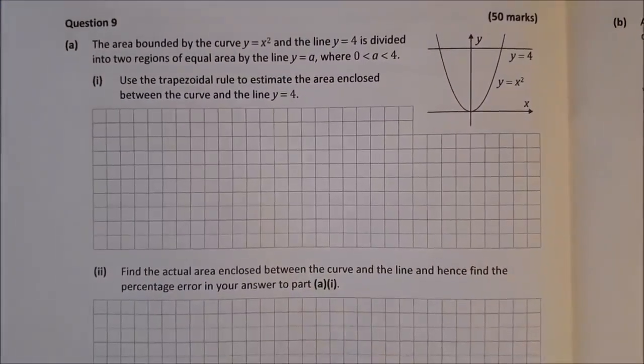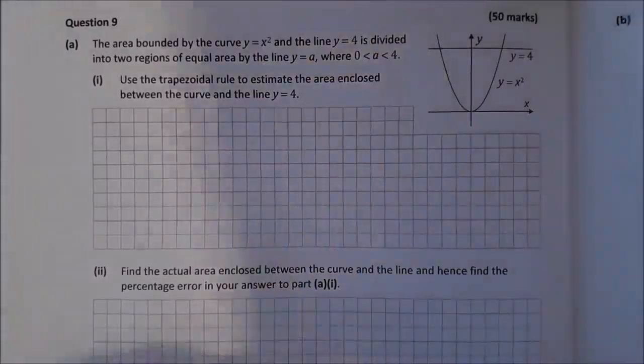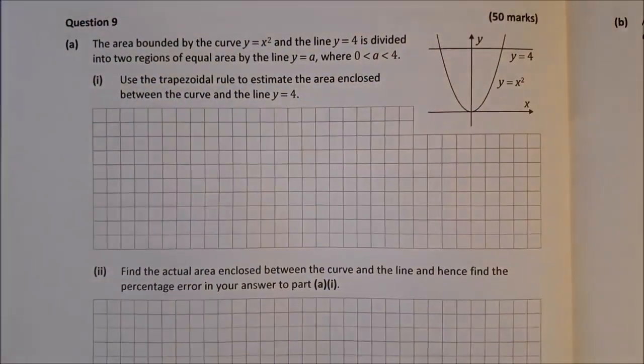Right, so on to question 9, which is the last question. The area bounded by the curve y equal to x squared and the line y equal to 4 is divided into two regions of equal area by the line y equal to a, where a is greater than 0 but less than 4.